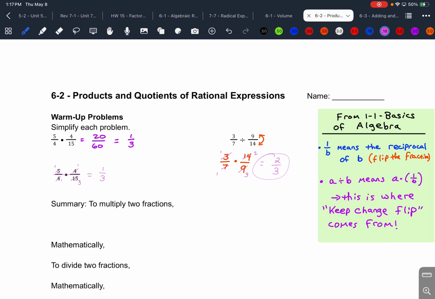6-0, the Delta Math. So to summarize, to multiply two fractions, you multiply straight across, and don't forget that you can also cancel out common factors.